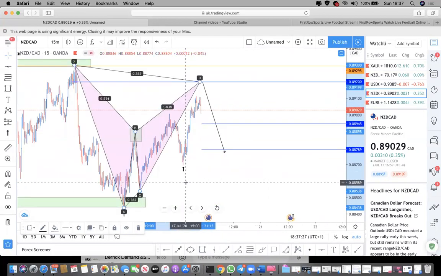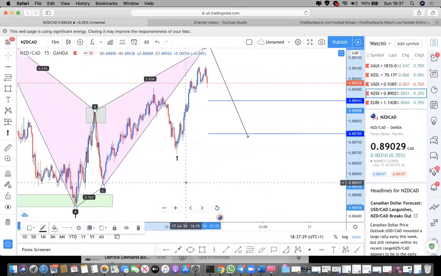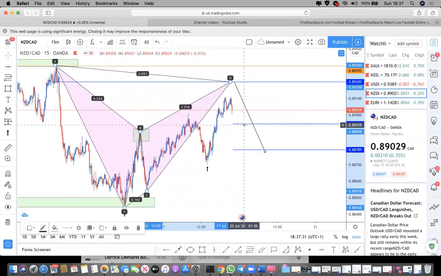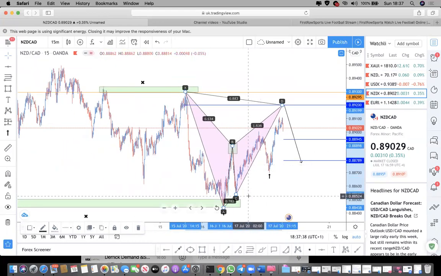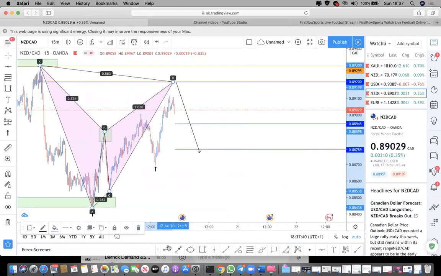So I am happy to actually take the trade, twin trade it: one trade for TP1, and the other trade I am going to leave in for any potential of reaching even up until TP3, which is this area.